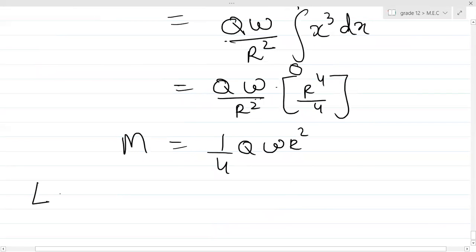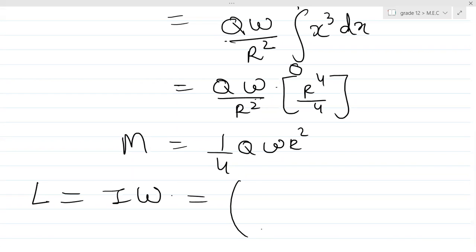Now what is the angular momentum? Angular momentum is again I omega. What is the moment of inertia of a disk about an axis passing through its center, perpendicular to its plane? If you say this wrong, you will get scolded, so please speak only when you are confident. What is the moment of inertia of a disk about an axis which is perpendicular to the plane of the disk and passing through the center?